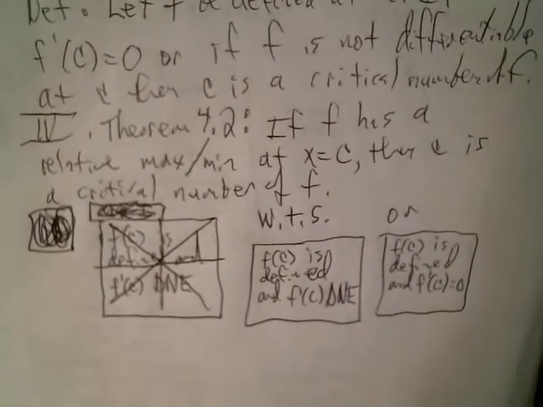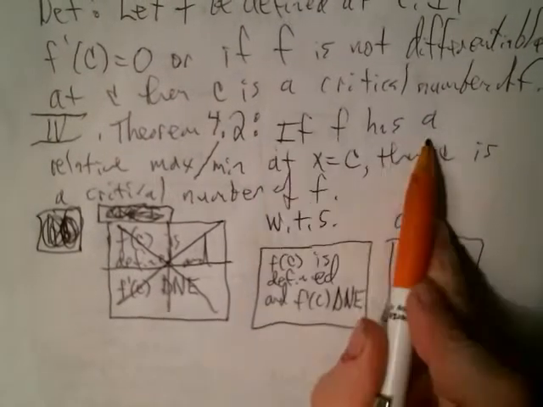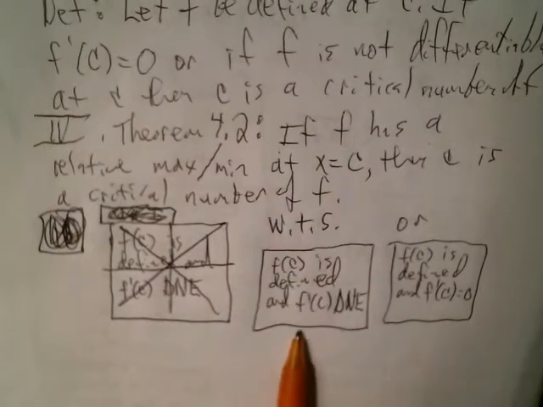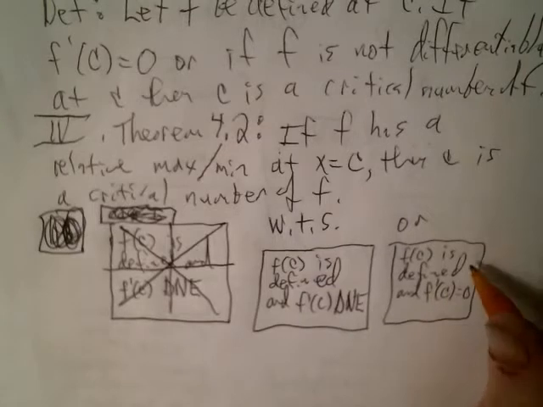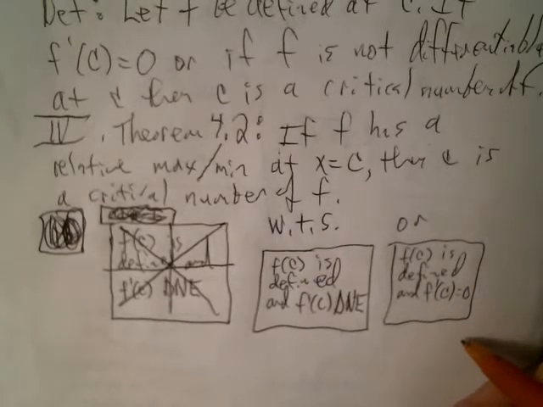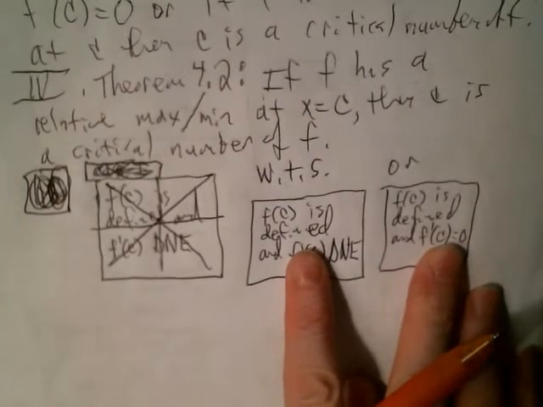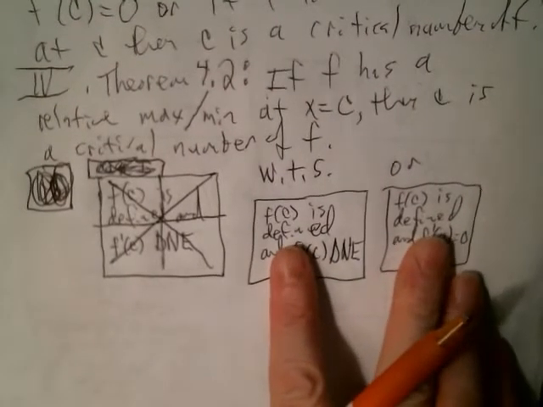Okay, so we want to show with this supposition, if f has a relative max or min at x equals c, then either f of c is defined and f prime of c does not exist, or f of c is defined and f prime of c is equal to 0. Okay, that's what we want to end up with. We want to show this.